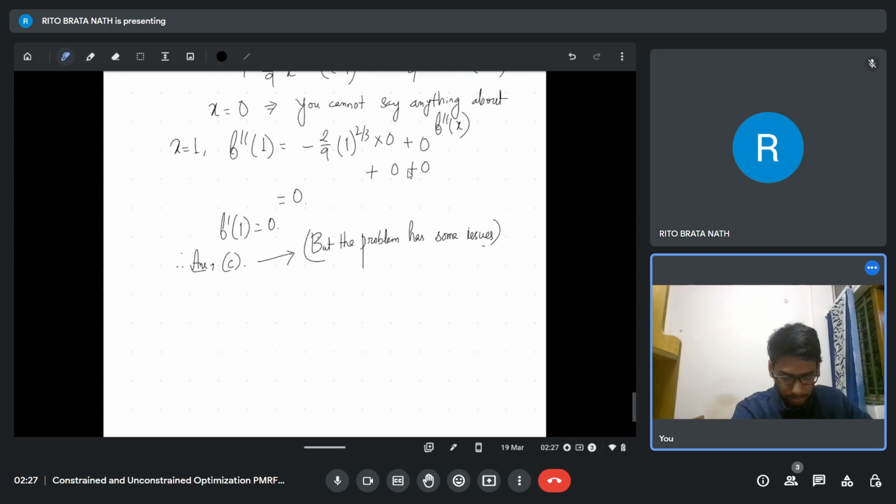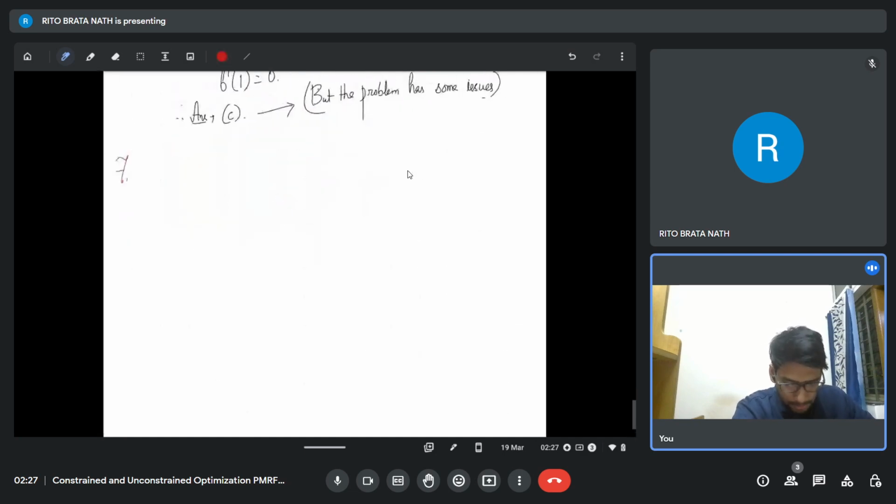So let me open the file again. Just a minute. Okay, so it says solve the optimization problem graphically. I'll write down the seventh problem.